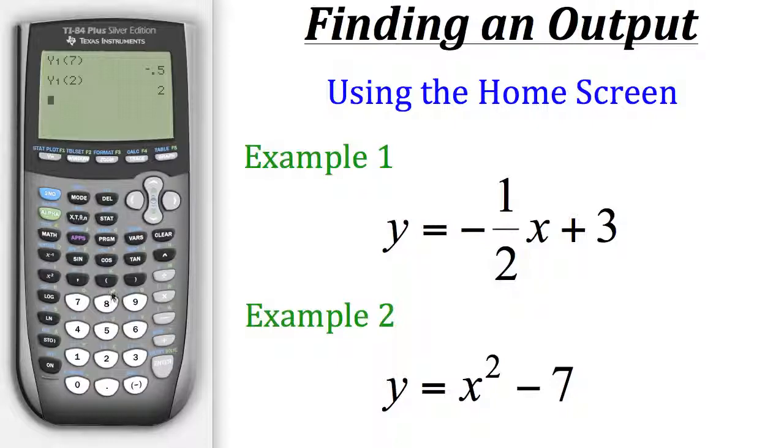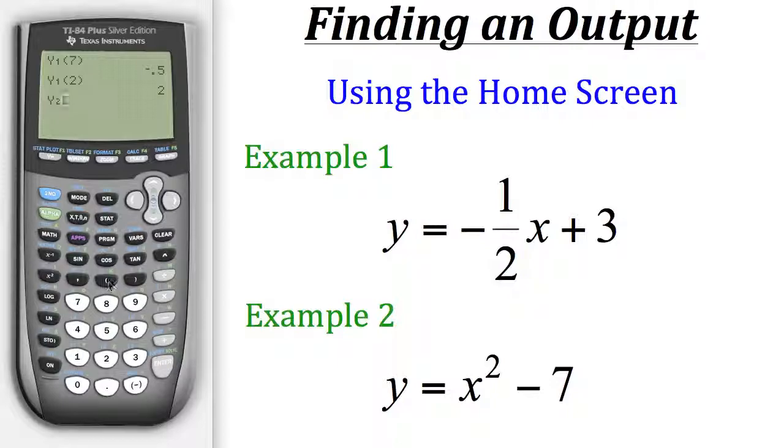Now what if we want to look at an output value for our second equation? All we have to do is go to our variables again, go over to the y variables function, and choose our y2. Now let's put in an input value for that.